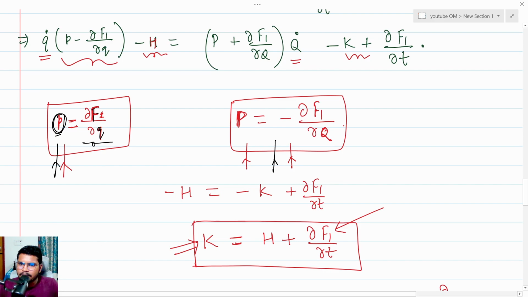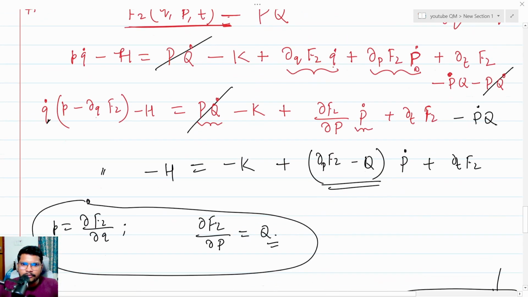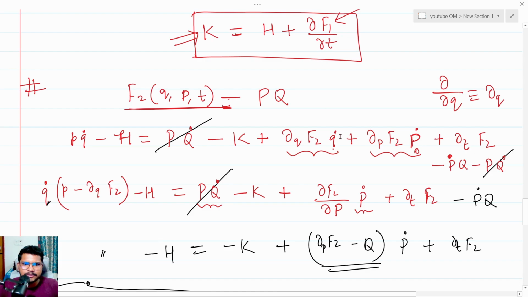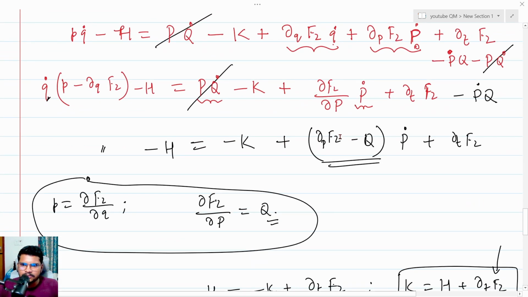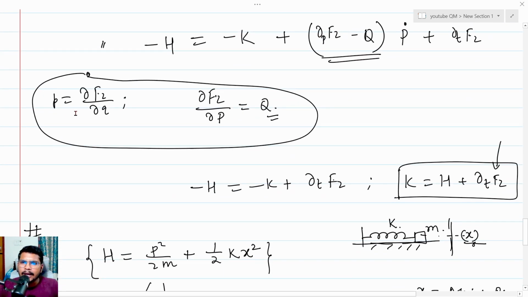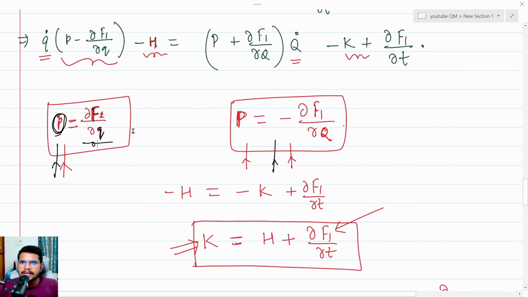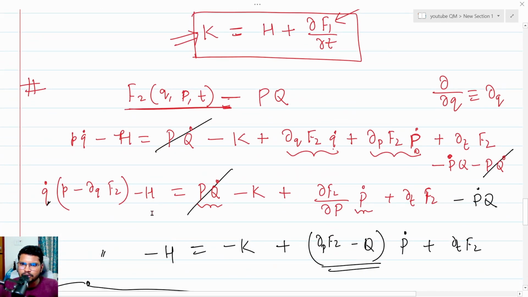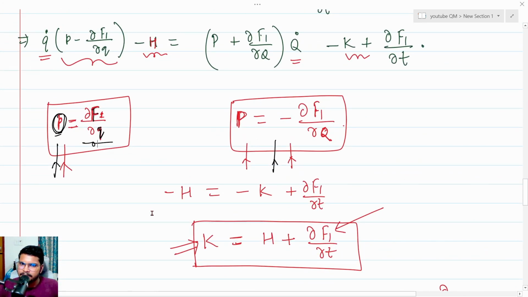Therefore, I can easily find out what would be the F. All right. Now, if you look at F2 minus PQ, if this is the type of generating function, then I could have also used this one, partial F2 by partial Q is equal to P, because I still know what is my Q. But the end result would be, no matter what you use, the end result is going to be the same, right?